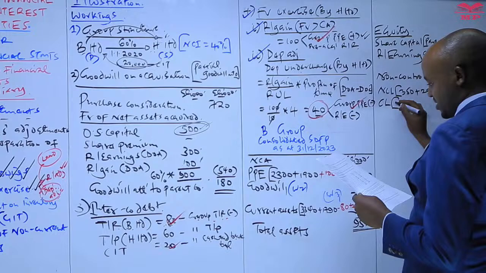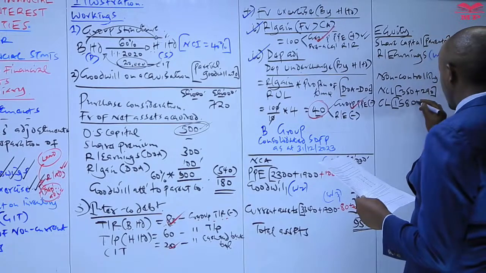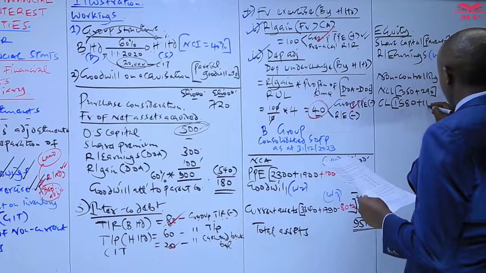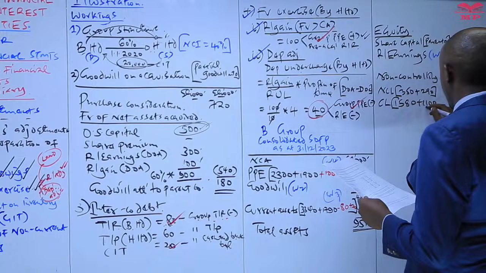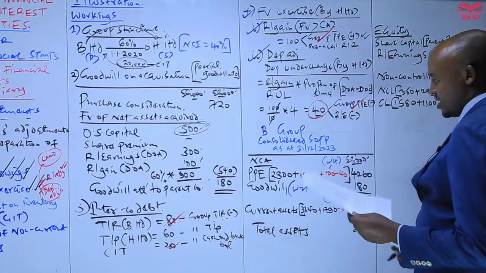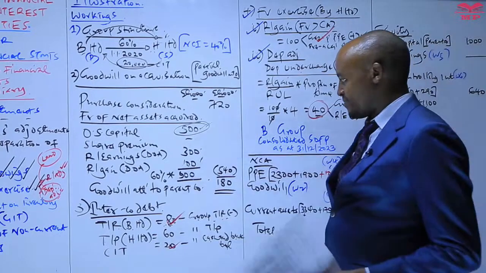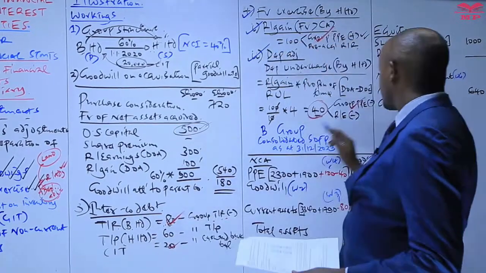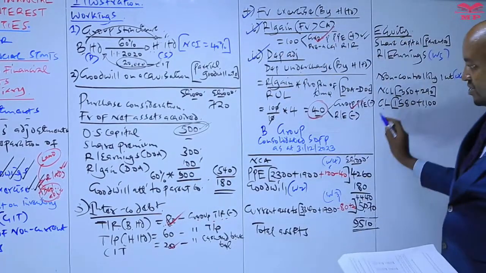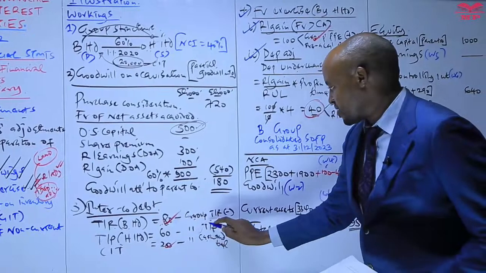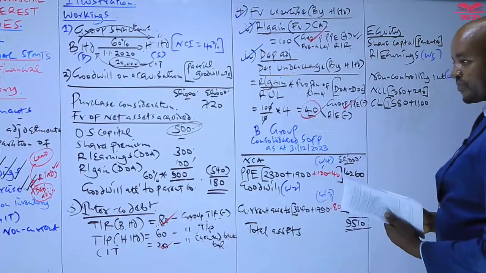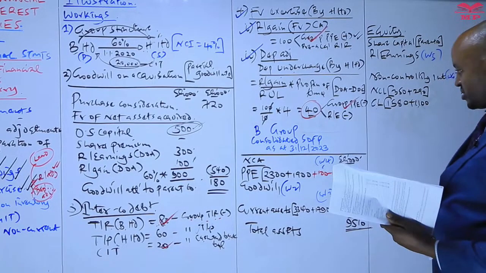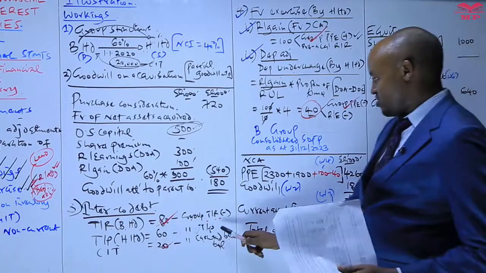For current liabilities we take 1580 for the parent plus that of the subsidiary 1100. And then we have some adjustment for this relating to the amount of intercompany debt. Now, trade payables we know is part of the current liabilities. And from the group trade payables, we less what? We less a figure of 60.